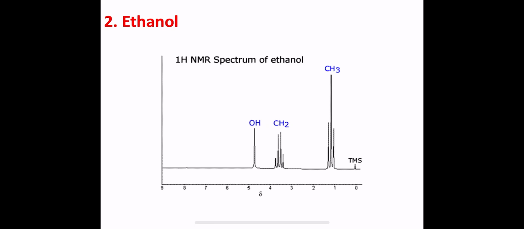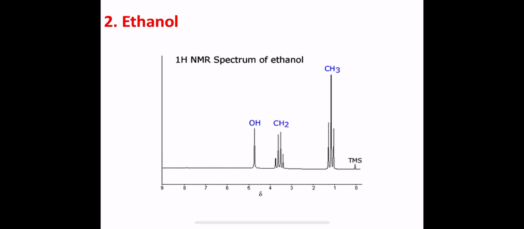So we are going to get 3 signals, and the areas under the signals are in the ratio 3:2:1 because the protons of A, B, C are in the same ratio. The hydroxyl group, that is the OH proton, appears at the highest delta value because it experiences the highest deshielding effect by oxygen.